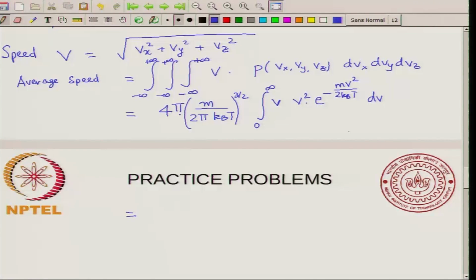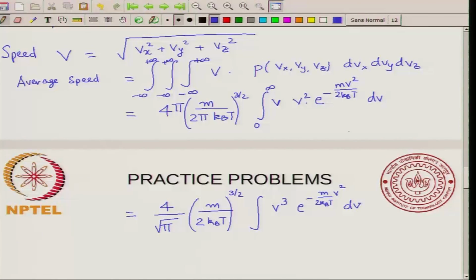I will just write this in a slightly different form. I will take the factor of pi outside, so I will have pi raised to 3 by 2. I will just write it as 4 divided by the square root of pi, and then m by 2 kBT raised to 3 by 2, and what I have is integral V cube e to the minus m by 2 kBT V square dV from 0 to infinity.